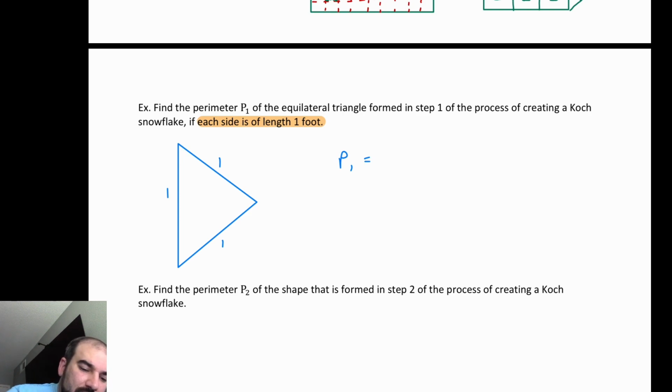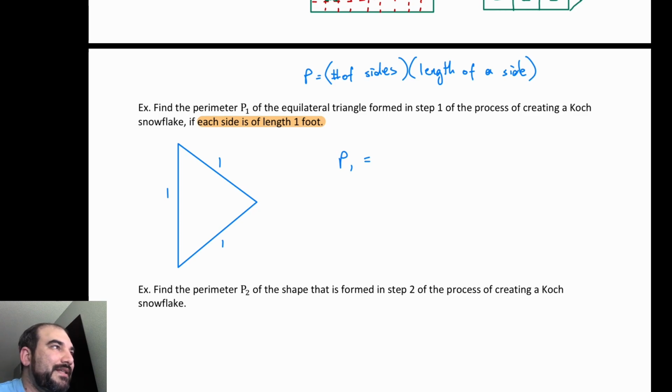So as far as perimeter is concerned, I would do number of sides, because all of the sides are the same length in each step of the way. You can do number of sides times the length of a side to shortcut the process.